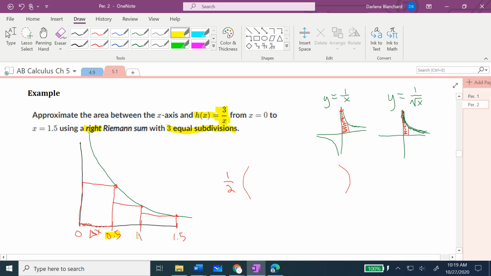And I am plugging these 3 numbers into this function. And so 3 divided by 1/2 will give me 6. Plugging in 1 is 3. And then 3 divided by 3 halves is 2.